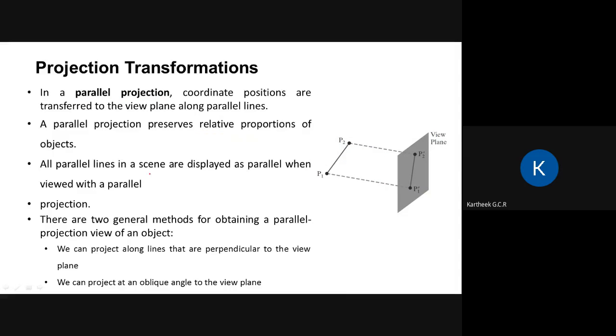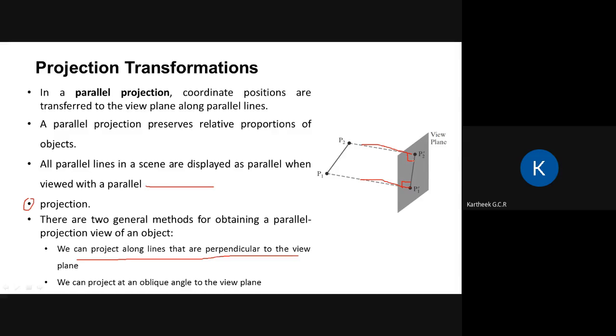And second thing is that you can categorize these parallel projections into 2 types. The first thing is you can project the lines perpendicular to the view plane. So the projectors are at 90 degrees with respect to the view plane.